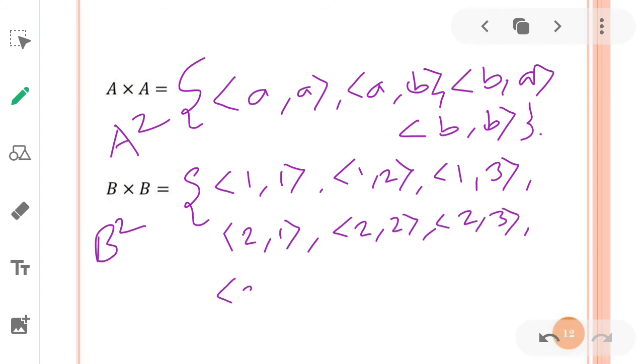Next, combination of 3 with 1, 2, 3. So by using this approach, we have solved all the 4 examples here.